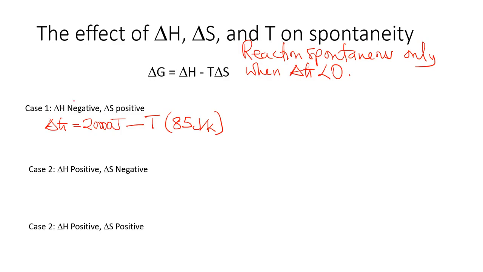But we say delta H is negative, so I'm going to put negative here: negative 20,000 joules minus T times 85 joules per Kelvin. So this part will be negative, and this part will also be negative, which means delta G is going to be negative.